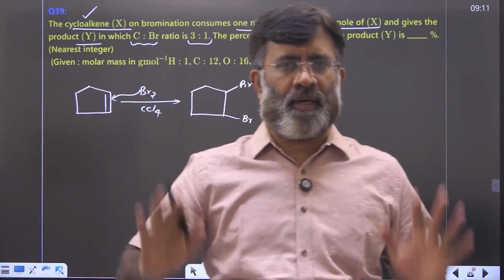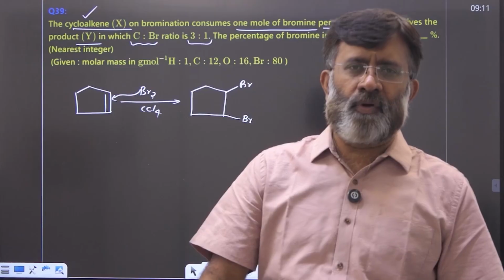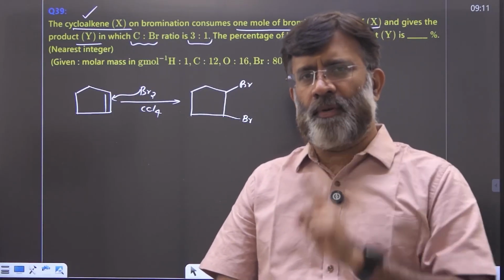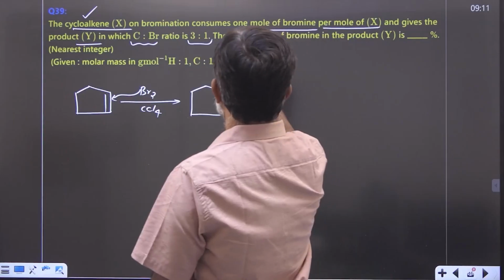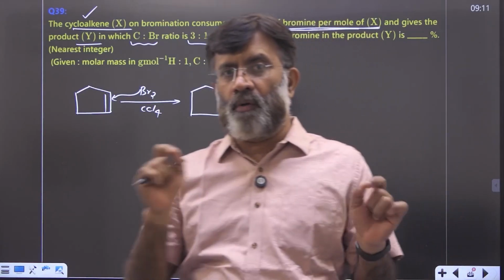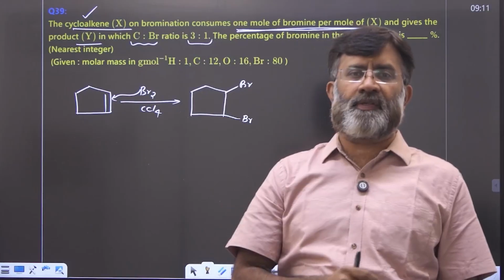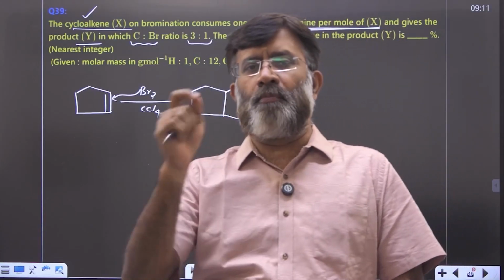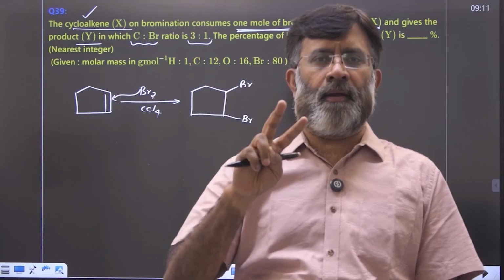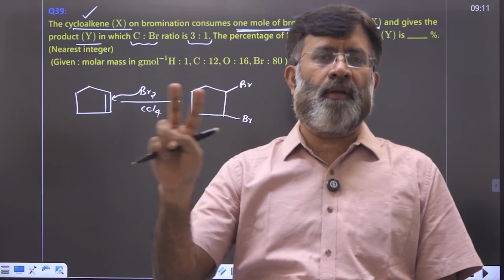That means for a particular cycloalkene treated with bromine, 1 mole of bromine per mole of X is consumed. That means 1 mole of Br2 will be added, which means 2 bromine atoms are added per mole of the compound.